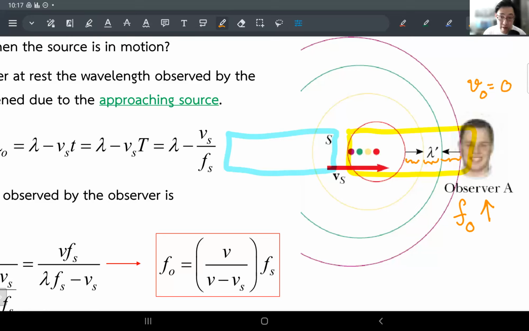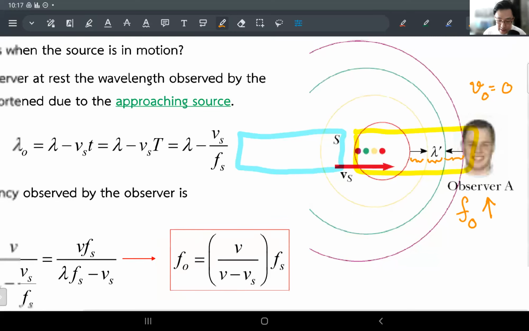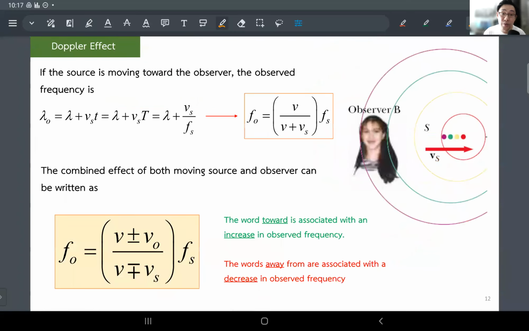Got that one? And if you are toward the back side of the source, the spacing gets stretched out, so the hits are separated and the number of hits getting smaller. So the pitch that you're going to hear is going to be a lower tone.